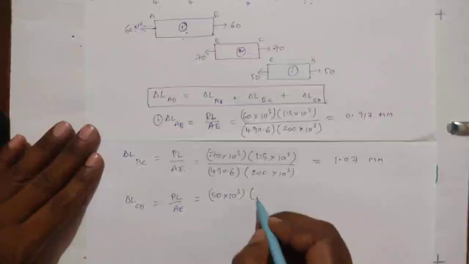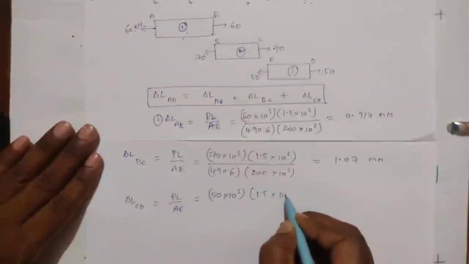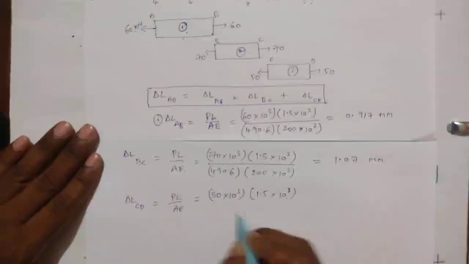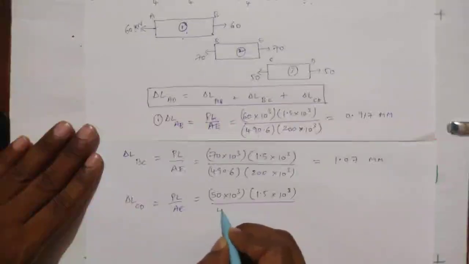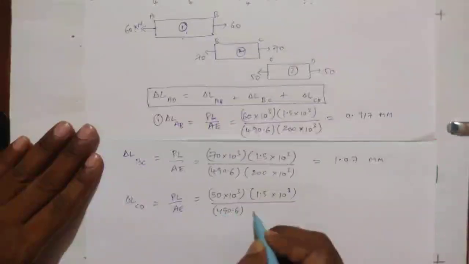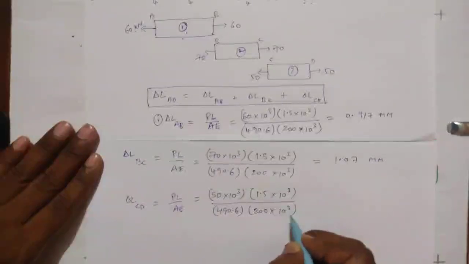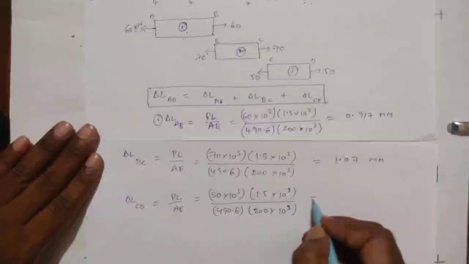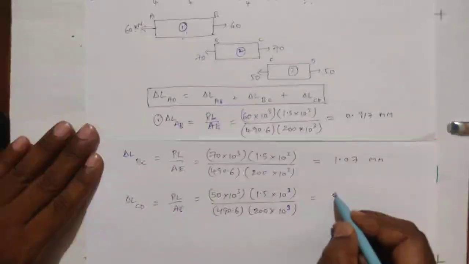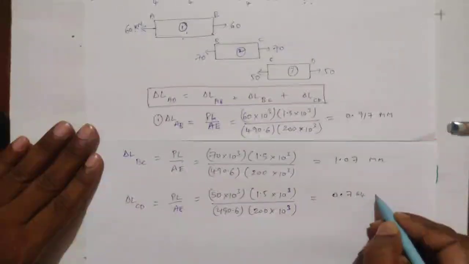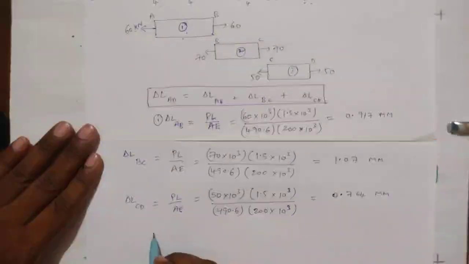That's why length we are writing 1.5 meters. I am converting it to mm, 1.5 into 10 cube divided by area 490.6. Area is constant, and Young's modulus 200 gigapascal, I am writing in megapascal, 200 into 10 cube megapascal. If you calculate, we will get 0.764 mm.